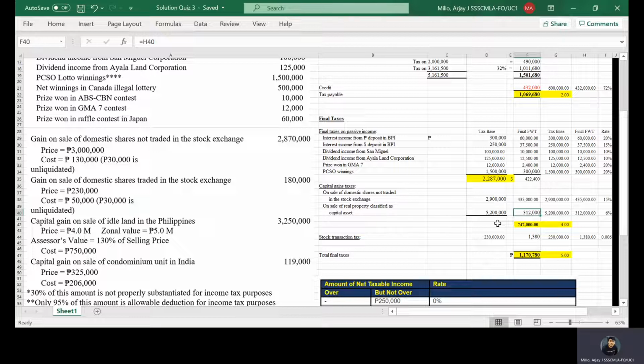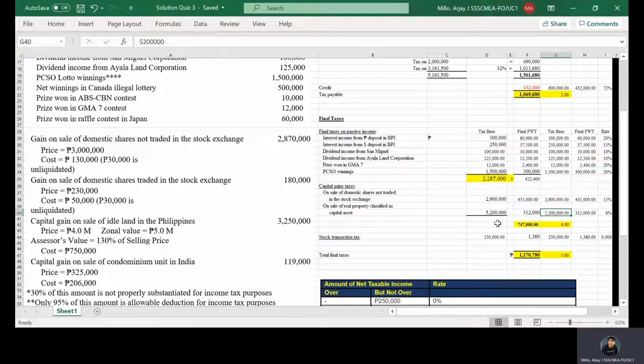Zonal value is 5 million. However, yung assessor's value daw is 130% of selling price. So we need to multiply 4 million times 1.30, no? Or 130%. So that's 5,200,000. So we need to compare now the 5.2 million assessor's value as compared to zonal value, which is 5 million.